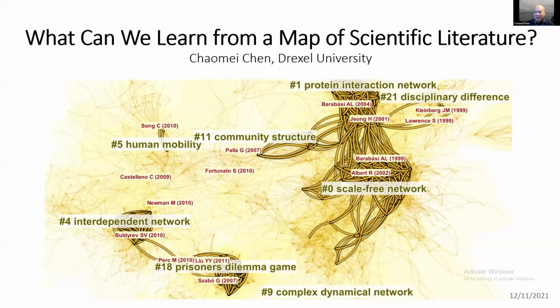So I guess in the 40 minutes or so, I would like to share what we have learned from mapping scientific literature, and, as you see from the title, what we can learn. I will identify some important factors that we may take into effect. What is the process, and what should we do here?